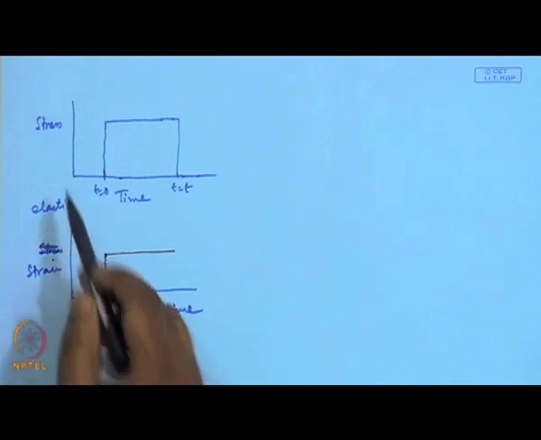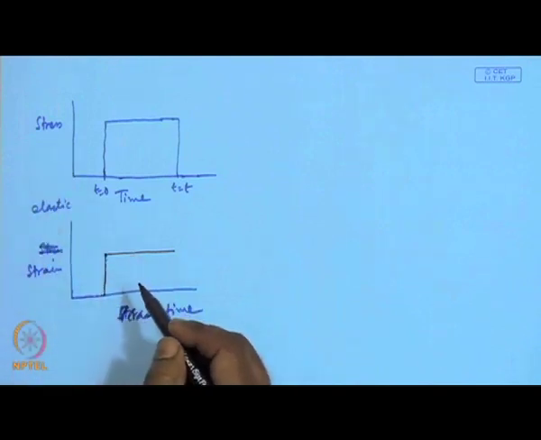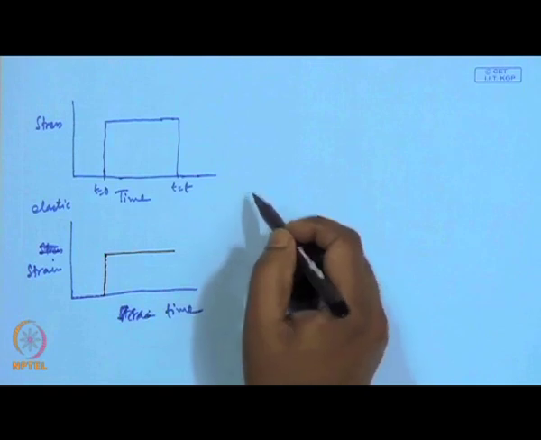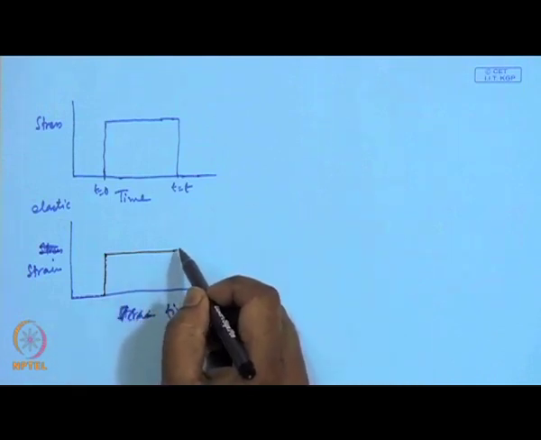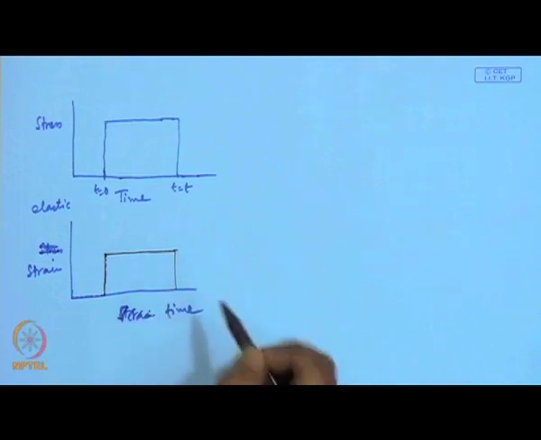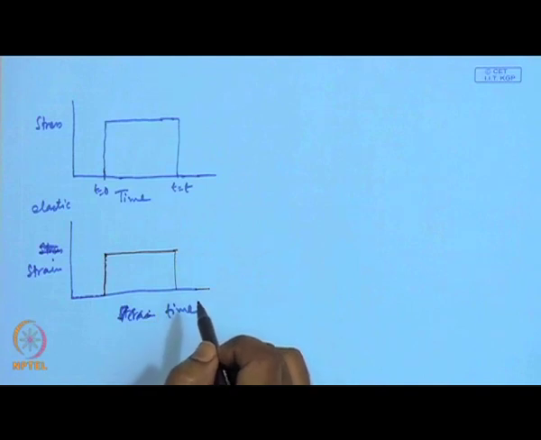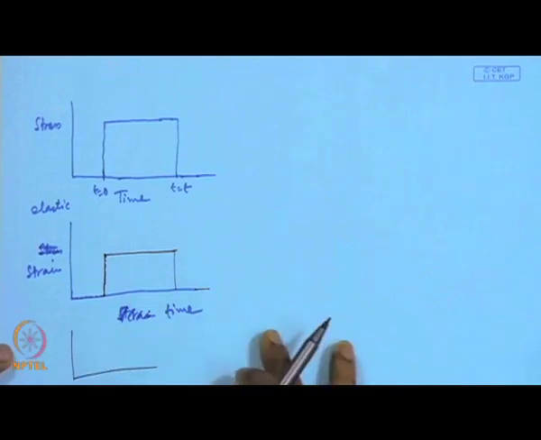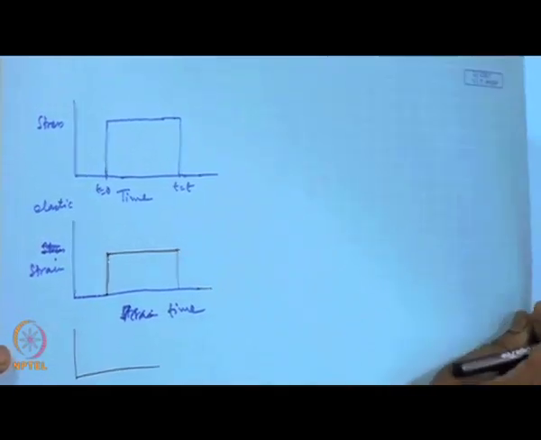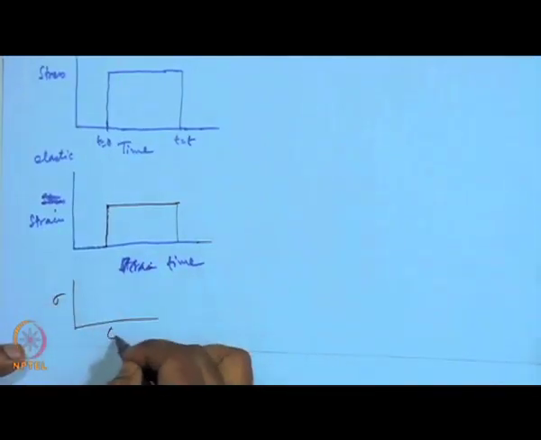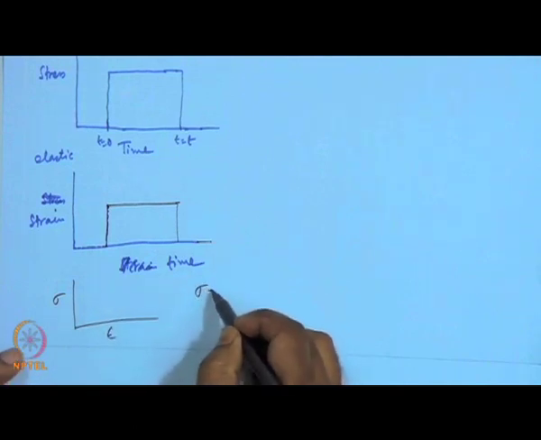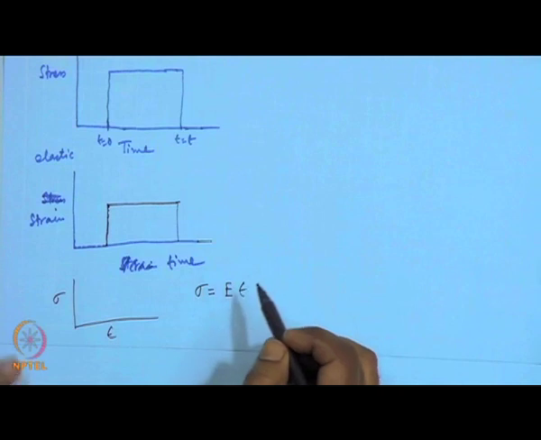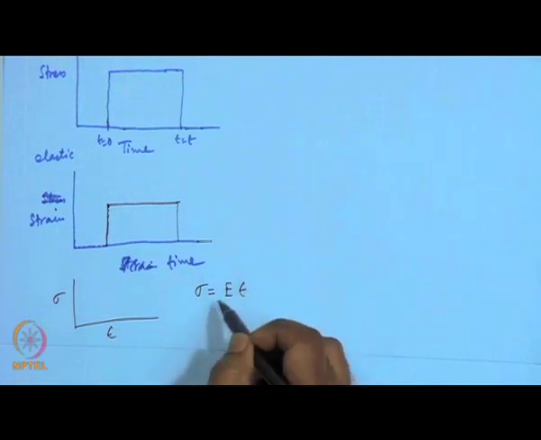This strain and stress are related by Hooke's law. We will come back to that. Now, at the time when this stress is released, it will come back to the original state. This stress and strain are related by Hooke's law, they are linear and related by the elastic modulus as a proportionality constant.